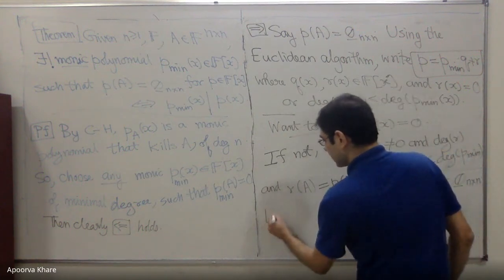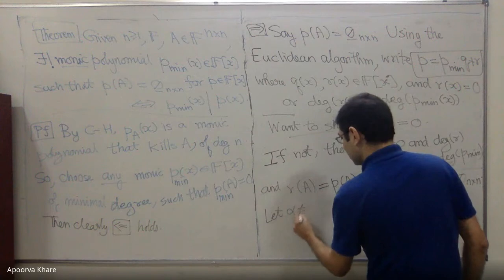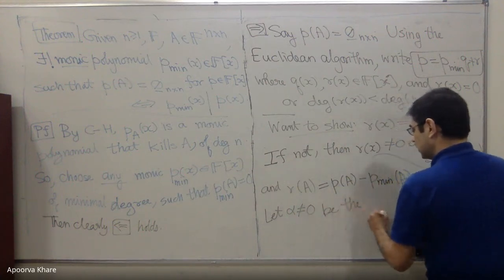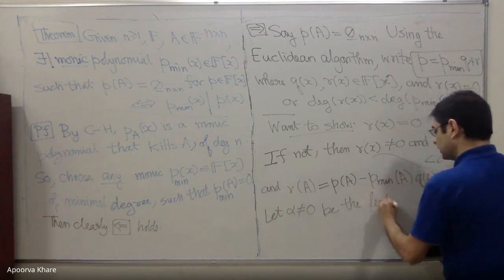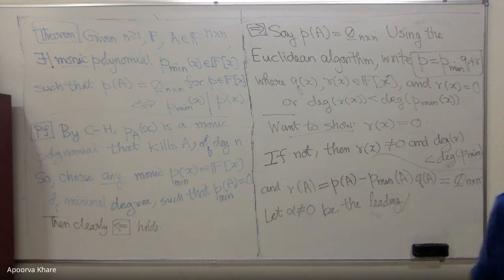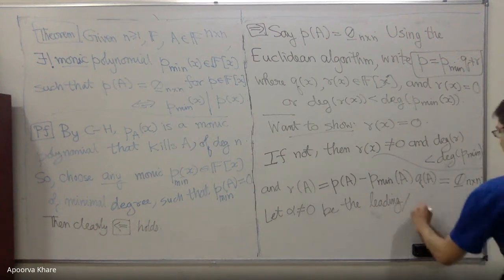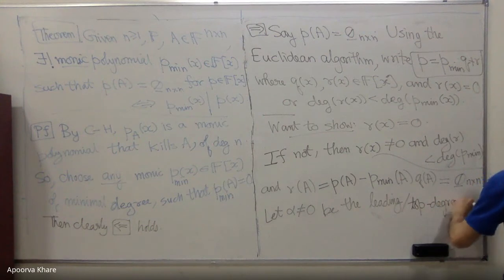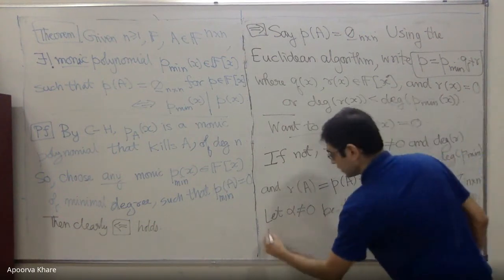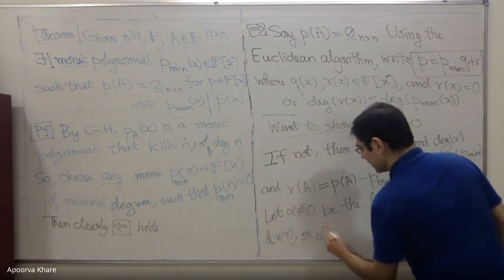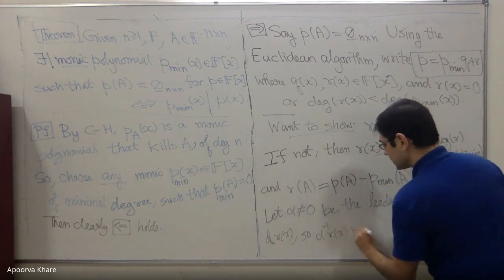So let alpha not equal to 0 be the leading or top degree coefficient of R of X. So what I'm saying is alpha inverse R of X is monic.